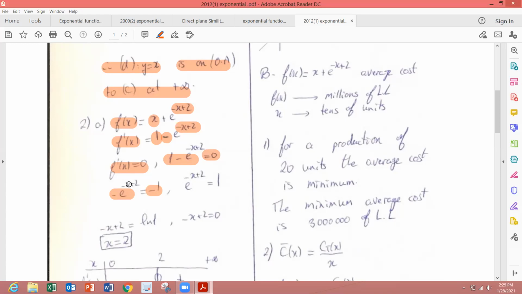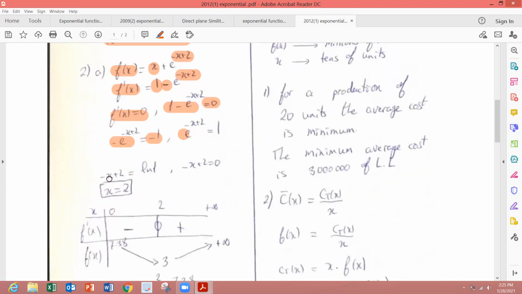So minus e power minus x plus 2 equals minus 1. So e power minus x plus 2 equals 1. To remove this e, I put ln. So minus x plus 2 equals ln 1. ln 1 is 0, so minus x plus 2 equals 0. Then x equals 2.